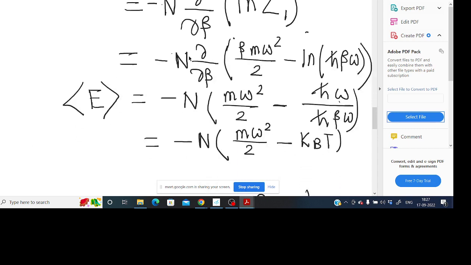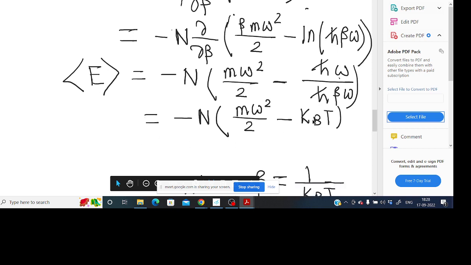Now if you differentiate it with respect to beta, then you will get from the first term m omega square by 2, and from the second term you get 1 by h cross beta omega in the denominator and h cross omega in the numerator, which cancel out, and you have 1 by beta in the second term. And now we know that 1 by beta is equal to kBT, so the average energy is equal to this thing.